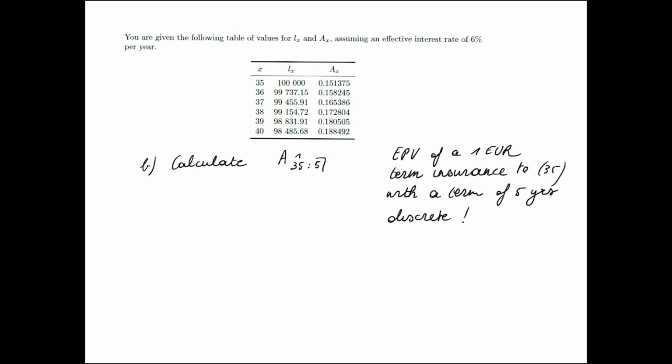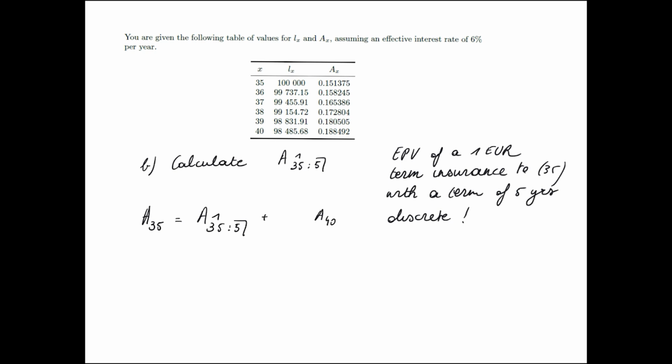Something we did, among others, in the class of September 17, was that we can write the EPV of a whole life insurance issued to a 35-year-old as a summation. We can split it in a term insurance issued to the 35-year-old with a duration of 5 years, plus then the EPV of a whole life insurance issued to a 40-year-old.